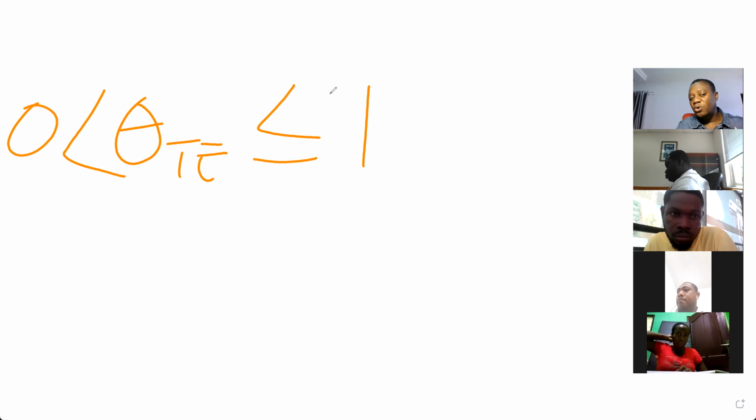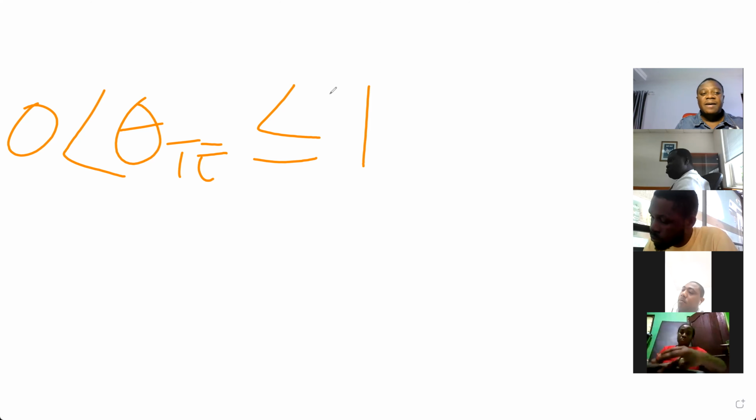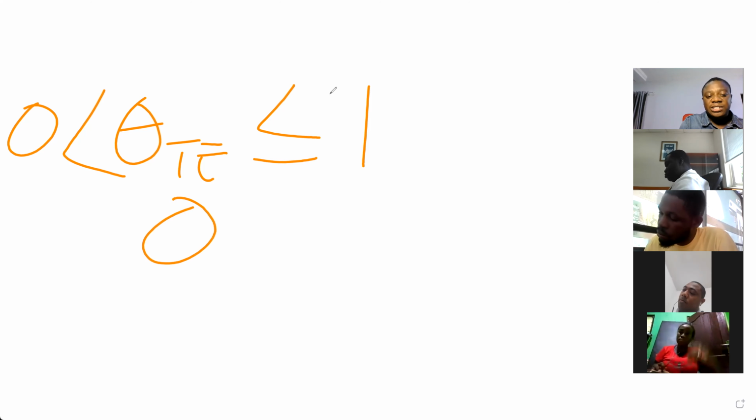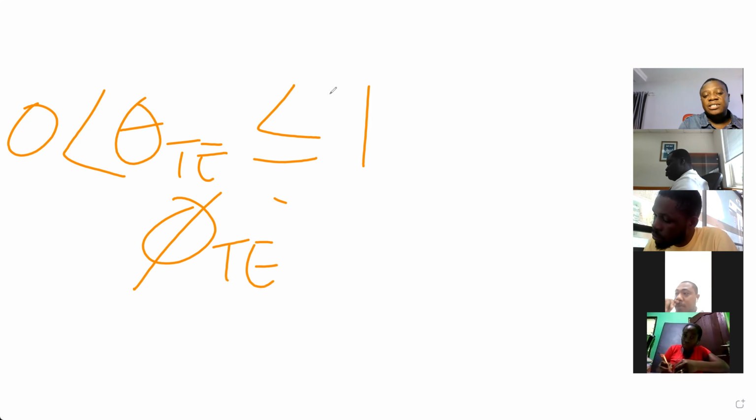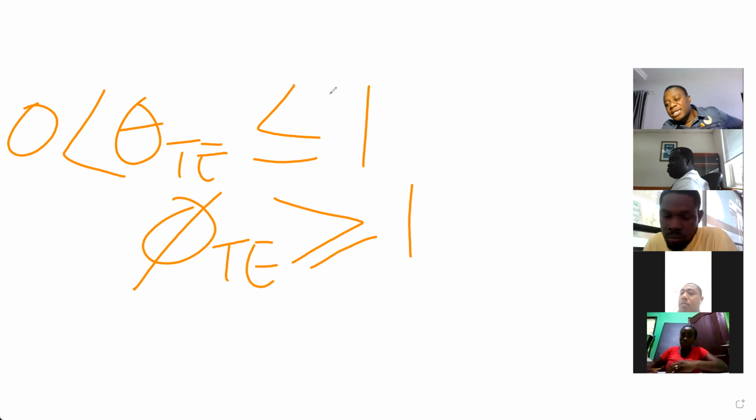But the output efficiency, which is the phi, is greater than 1. Take note of this. And this is technical efficiency I'm talking about.